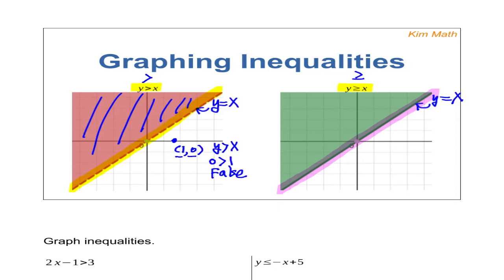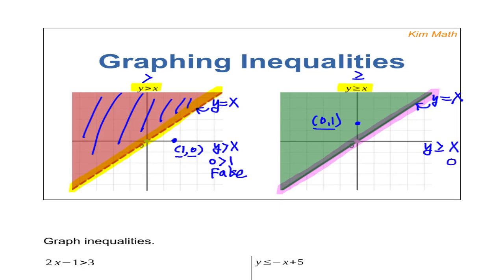Let me add some more explanation for the second one. If you choose this point, for example, this coordinate is (0, 1). Now I will check again. Your inequality is y is greater than or equal to x. Now instead of x and y, you can plug in 0 and 1.